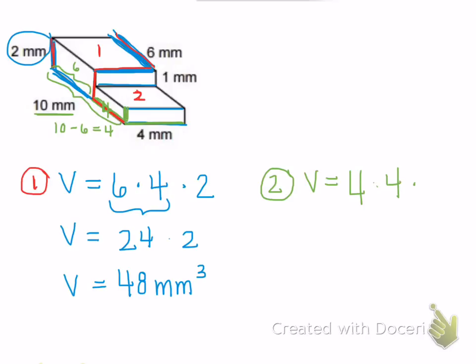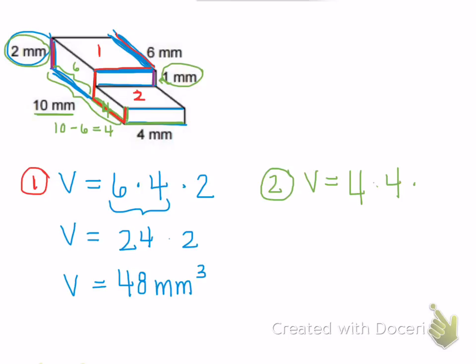Now I need to think about the height. The height is this piece right here. I know that from here to here is 1, and I'm looking at this right here to find that. So from here to here is 1, and I know that the whole thing is 2, and I looked at the 2 over here to find that.